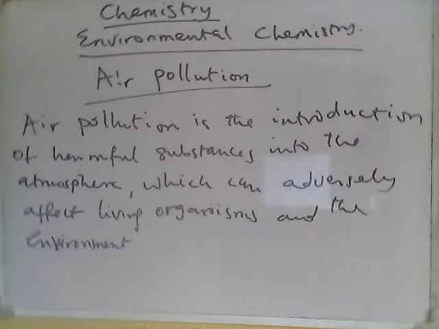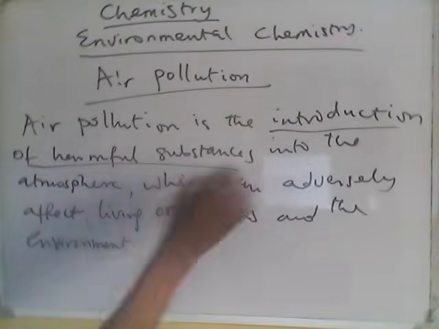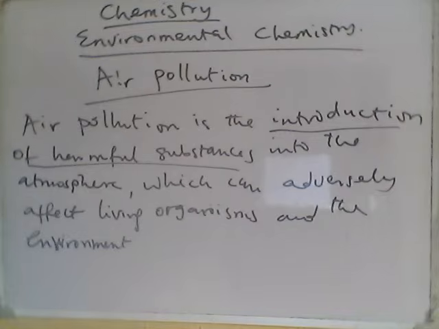Okay, so air is meant to be pure to some degree so that the living things on the earth can use it for living. But when you introduce harmful substances by way of emission, mostly waste products from factories, from vehicles, from different sources, from burning of some chemical substances.